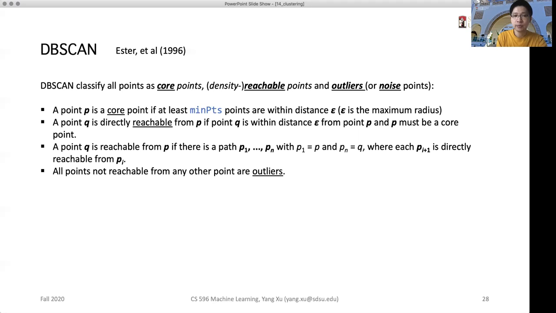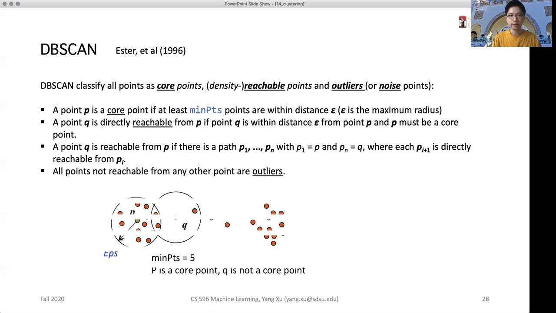And all the data points that are not reachable from any other data points are outliers. Okay, so using these criteria, we can group the data points that are densely reachable from each other into one cluster, and the data points that do not belong to any cluster are outliers.